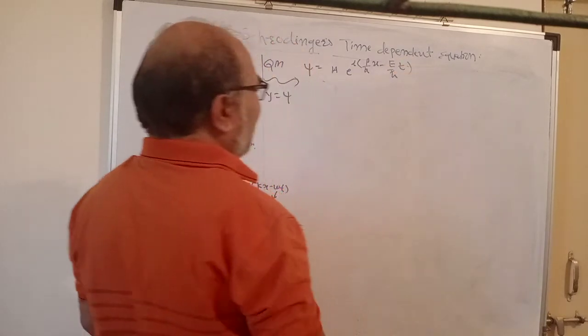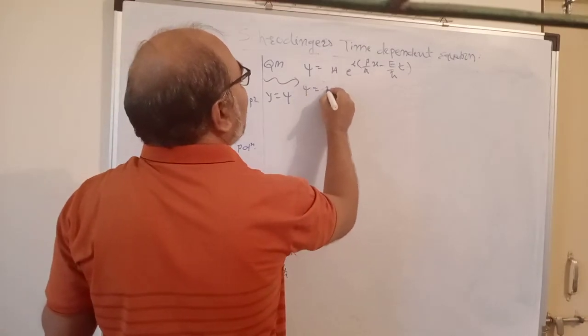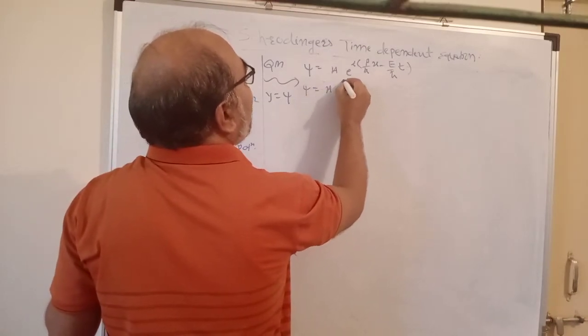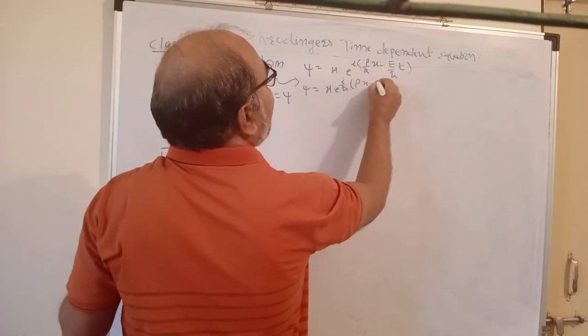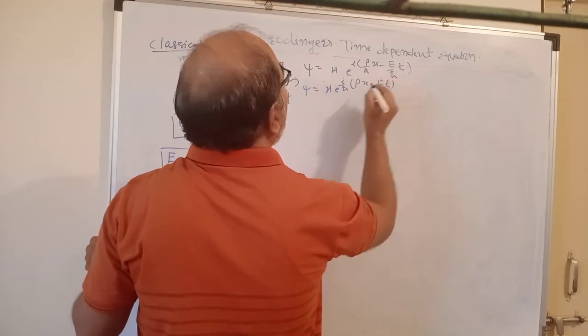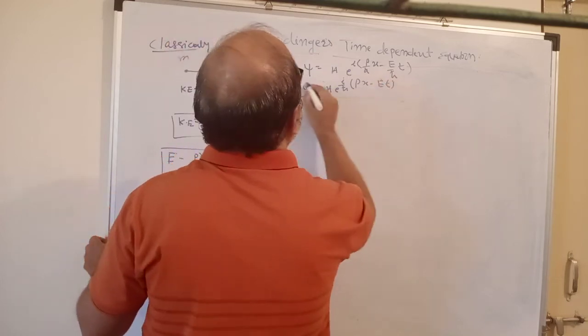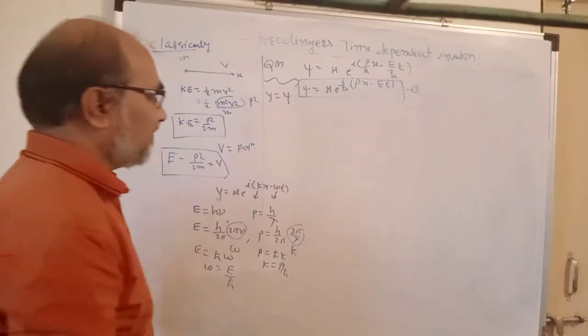Taking h cross outside, psi is equal to A e raised to i by h cross (px minus Et). This is the wave equation for the particle, equation 1.